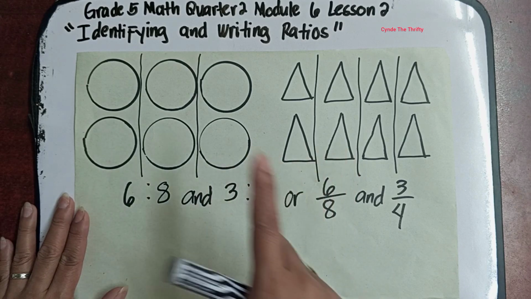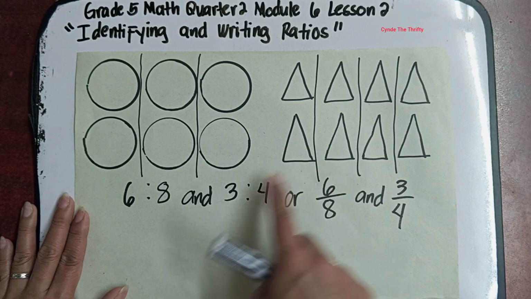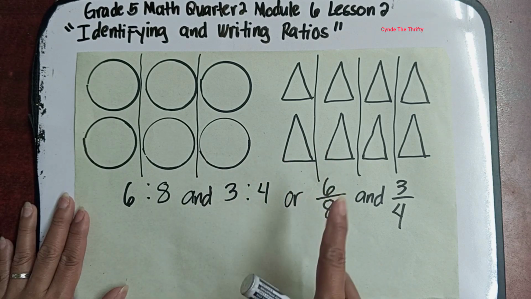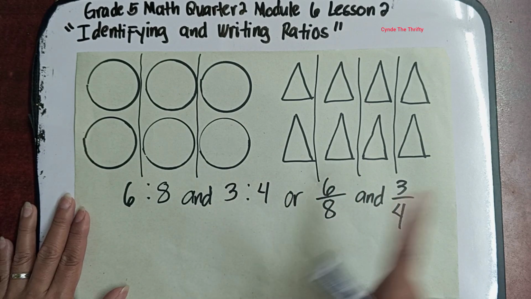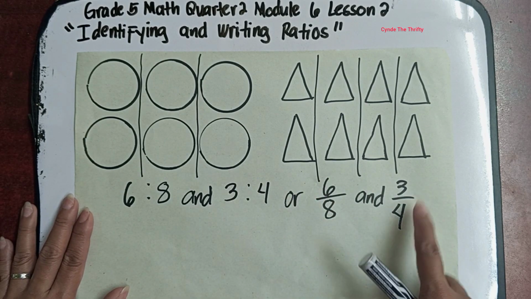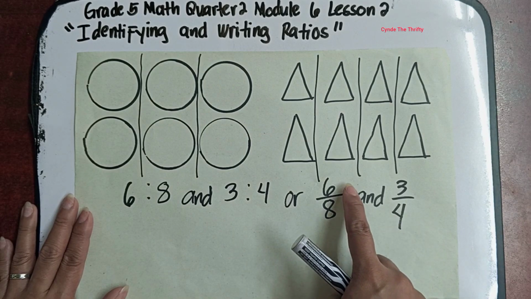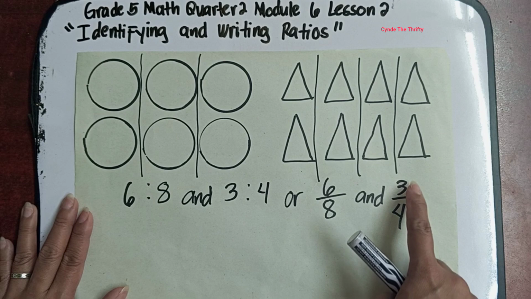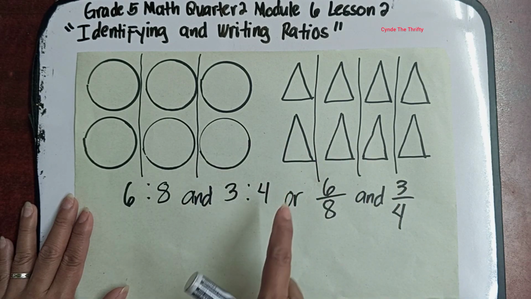So, ano ang relation ng dalawang ratios natin? Itong dalawang ratio natin is related sila since si 3/4 is the lowest term of 6/8. Okay, napansin nyo? Si 3/4 is the lowest term of 6/8. Kapag i-reduce mo into lowest term si 6/8, ang kanyang sagot is 3/4. So, therefore, related itong dalawang ratios natin.